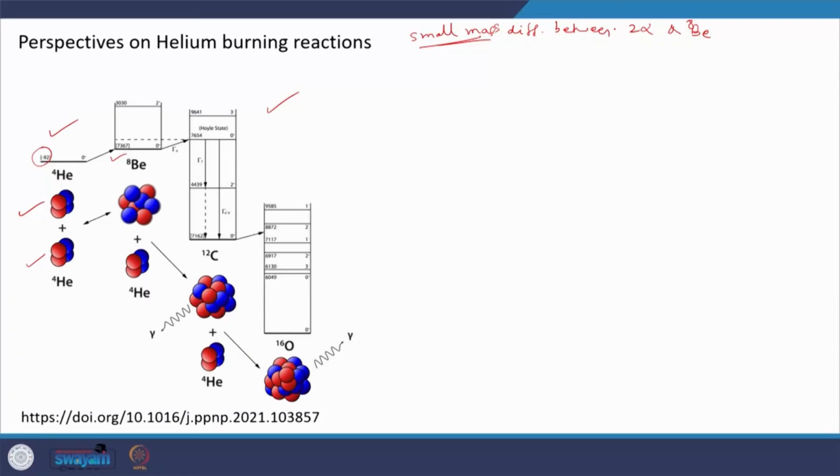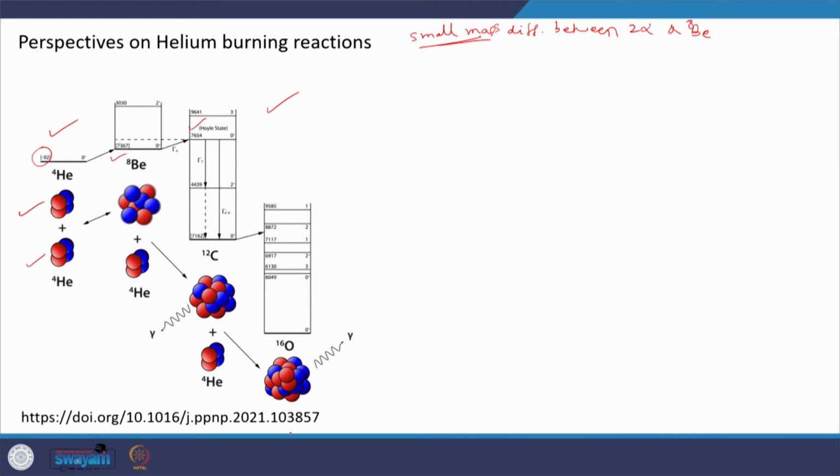If the energy difference is more, what is the problem? There is a big problem, because the Hoyle state resonance probability will be less. So, the small mass difference between 2 alpha particles and beryllium 8 and the occurrence of the Hoyle state in carbon 12, these two are main features of the synthesis of elements carbon 12 and oxygen 16.